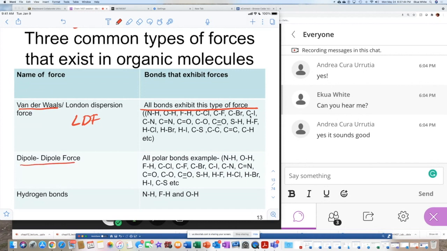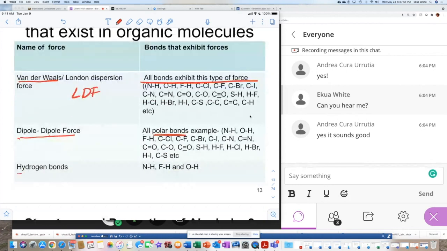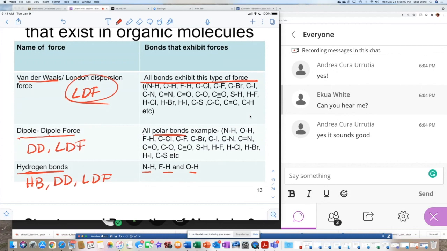And then dipole force, the list is less. With dipole force, these bonds have to be polar bonds to have dipole force. With hydrogen bonding, it's even more selective, these three. And remember, if it has hydrogen bonding, it also has dipole and London dispersion force. If it has dipole, it also has London dispersion force.